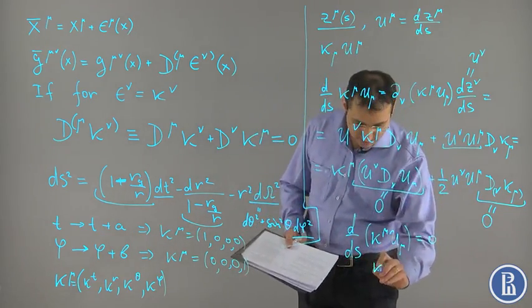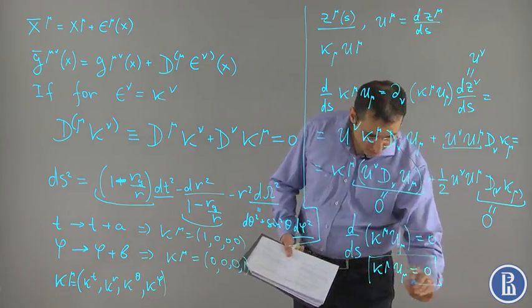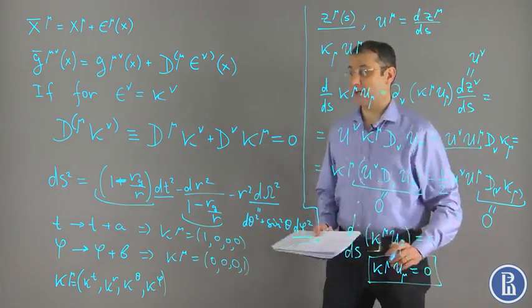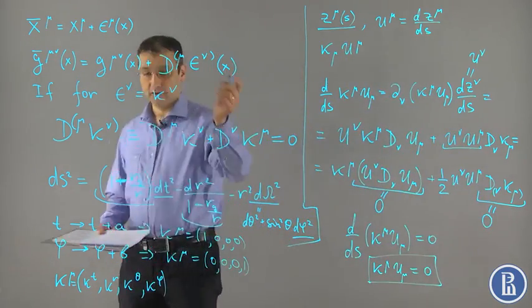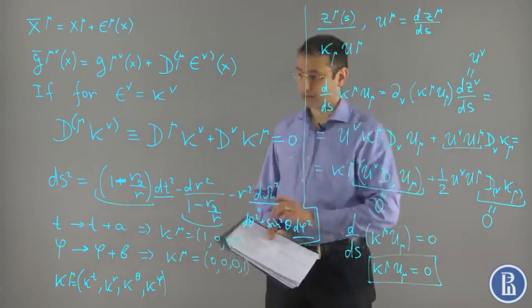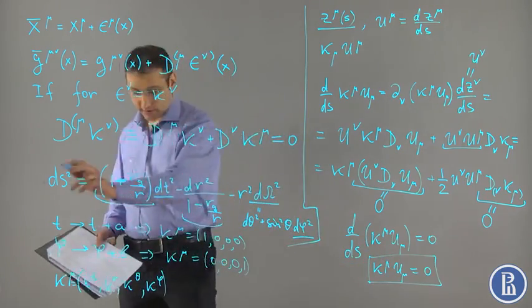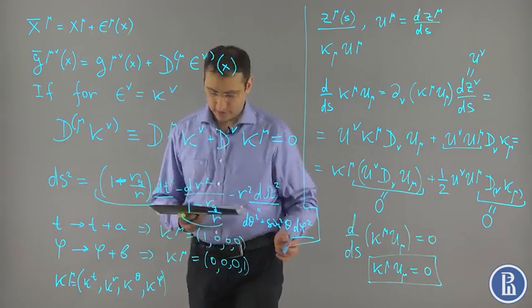So our goal is achieved. We have shown that if there is a Killing vector in a spacetime, then that generically leads to a conservation law. Now we're going to consider these conservation laws for the Schwarzschild spacetime in greater detail.